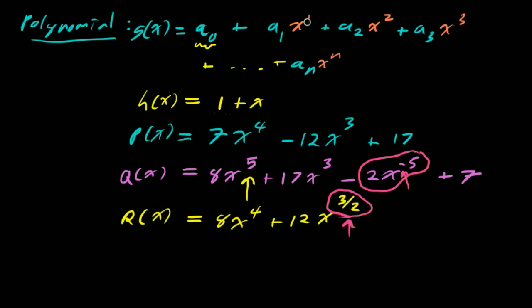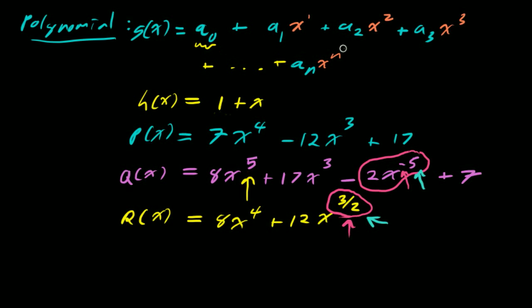So counting numbers, x to the first, second, third, fourth, up to whatever nth power of x that you have. We can't have negative exponents like we have in this example, and we can't have fractional exponents like we have in this example.